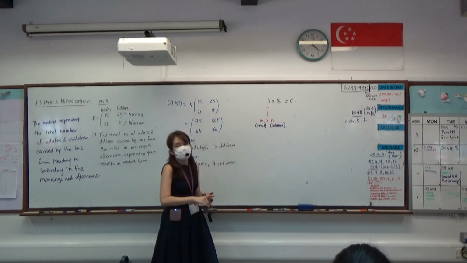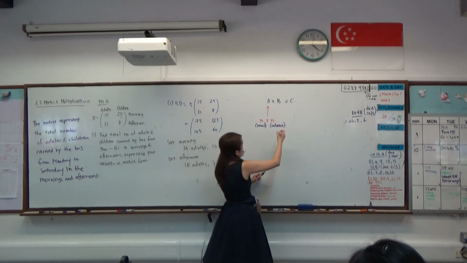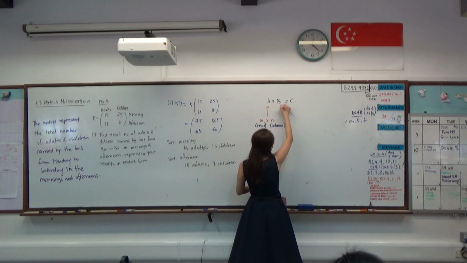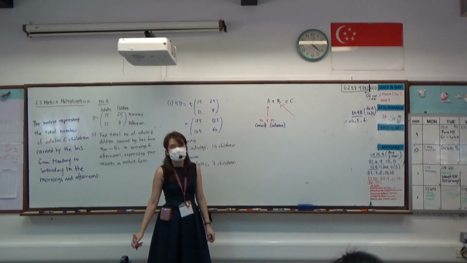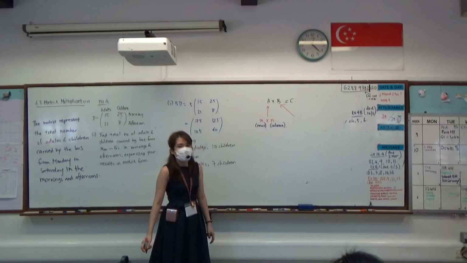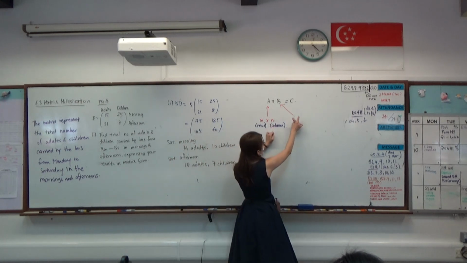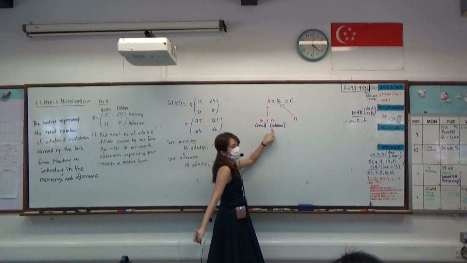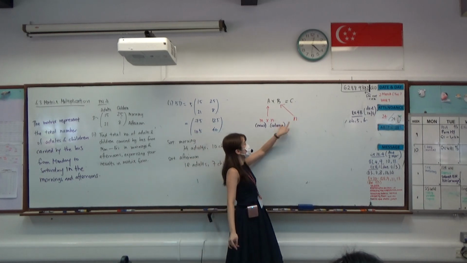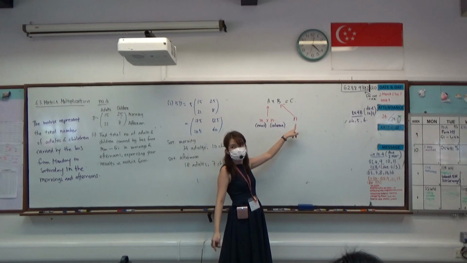Then if B has a certain order, for matrix multiplication to work, the number of rows of B must be the same as the number of columns of A. So this number here must both be the same.